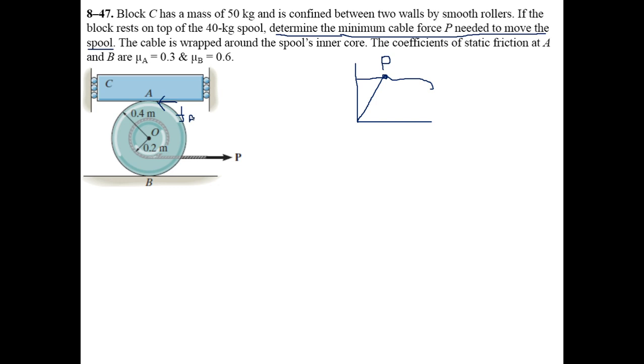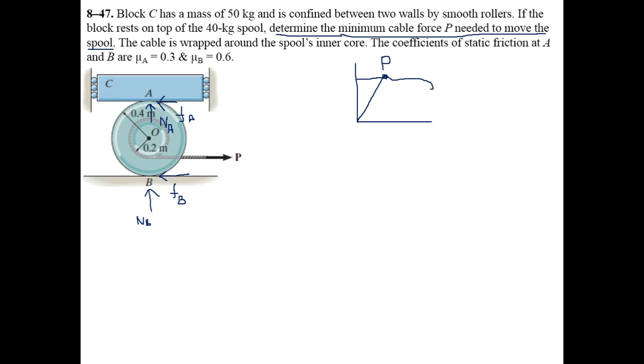Then one normal reaction force at this point of contact between the spool and this block C, one friction force acting in this direction at point B, and one normal contact reaction at point B here. So this is NB, and this is NA, and this is P, which is also unknown.